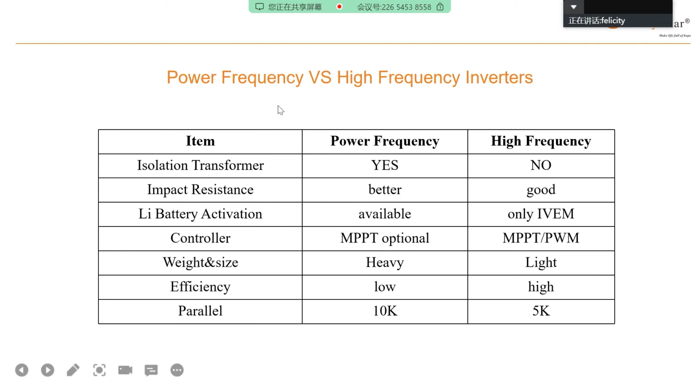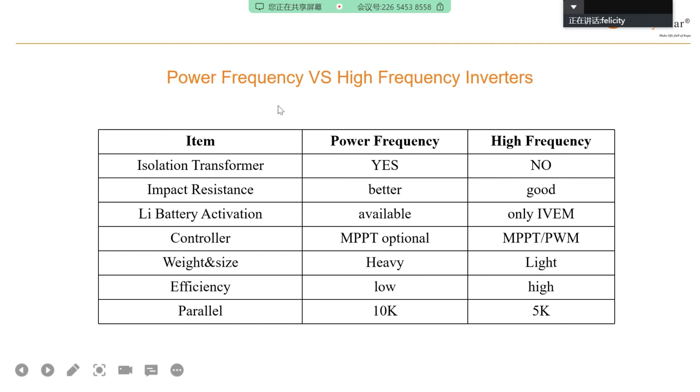If their home usage is normally only some small things, like only lights, only a refrigerator, and a few air conditioners, you can choose high frequency. If you have some bigger loads, you might need to choose low frequency.